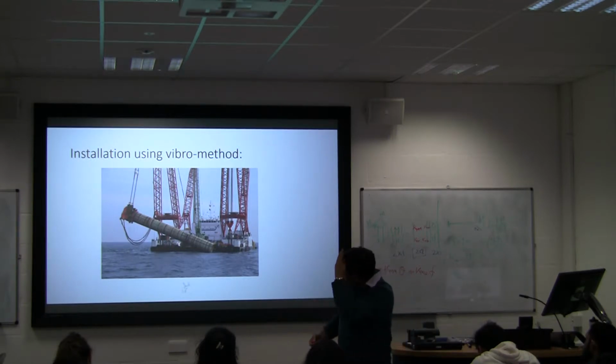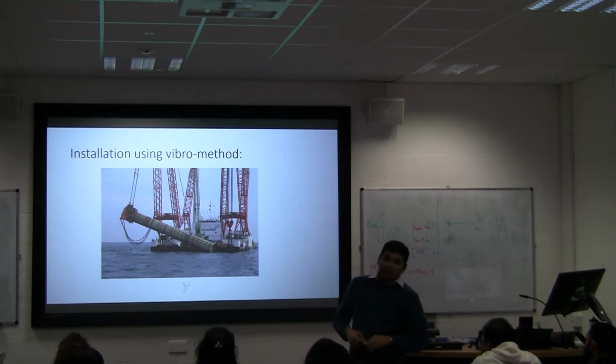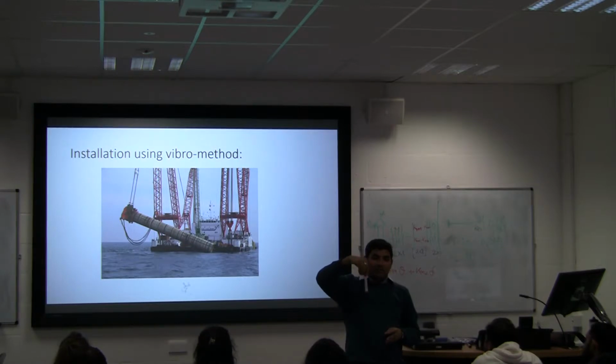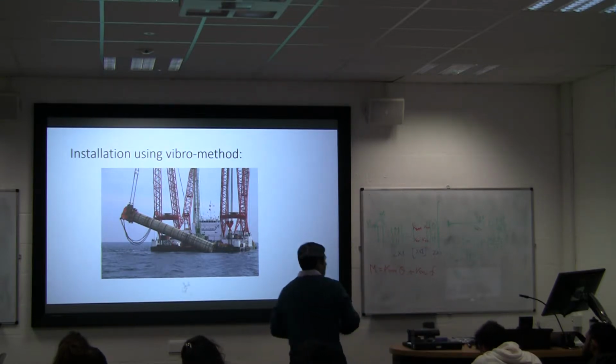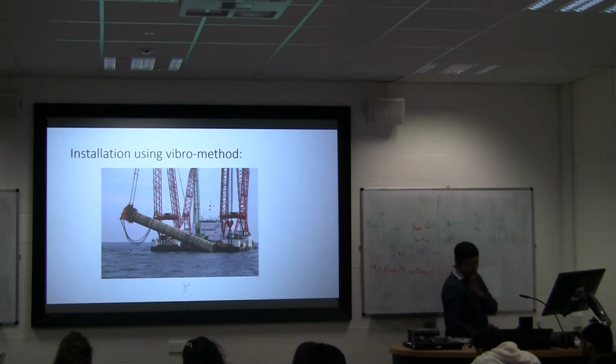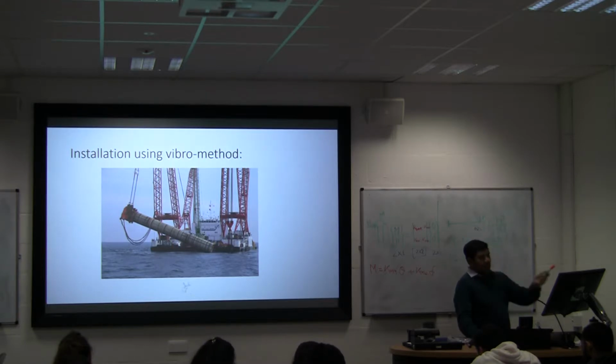So here's a new technique. They put the whole pipe in by vibration, just applying vibration, and it goes through. It's called a vibro method. It is one of the very new methods.